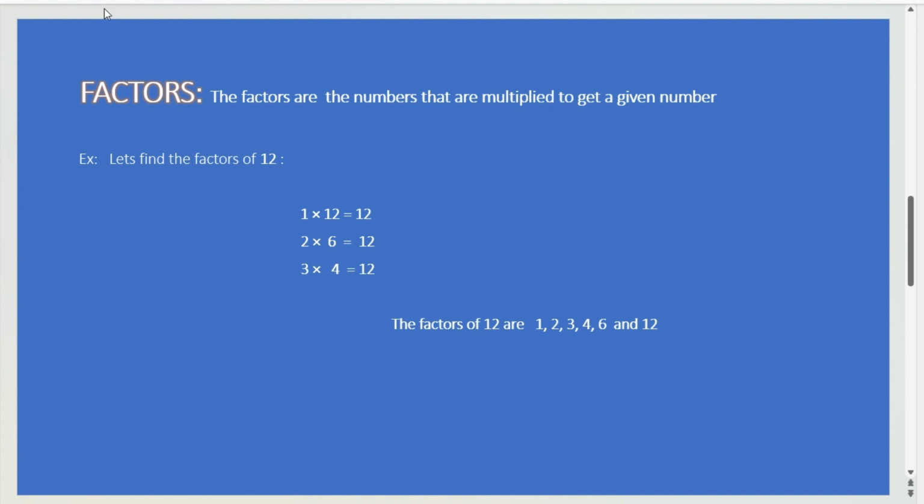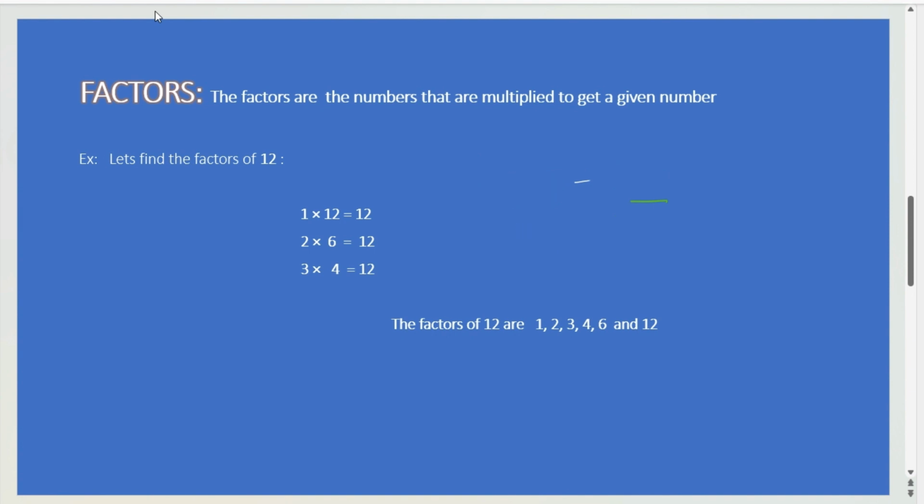Okay, factors. So as I told you, there's n times s equals m. So here, n and s are the factors, m is the multiple. And so here, factors is what we're studying, right?